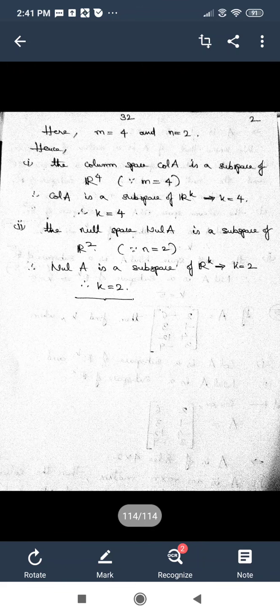Here in this problem, there are 4 rows and 2 columns in the matrix A, and for that reason we have the value of m as 4 and the value of n as 2. Hence, now we can give the solution for the first bit and the second bit.